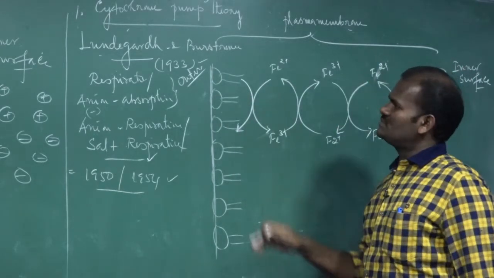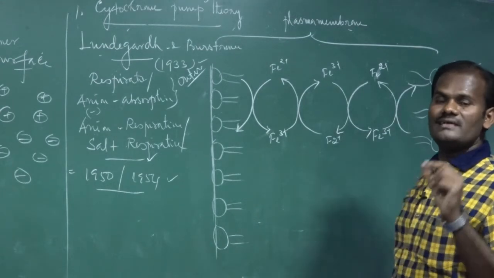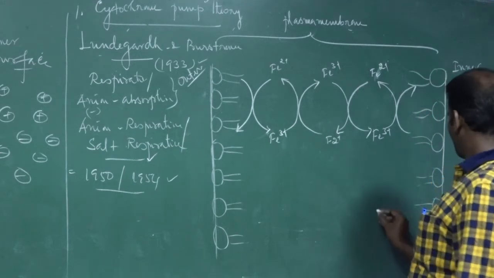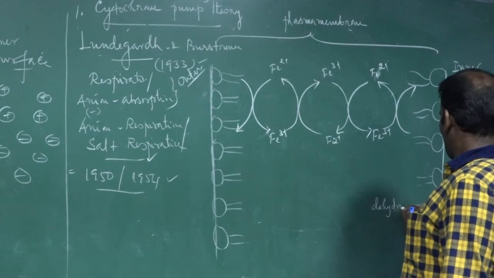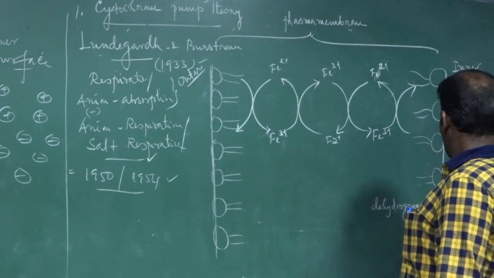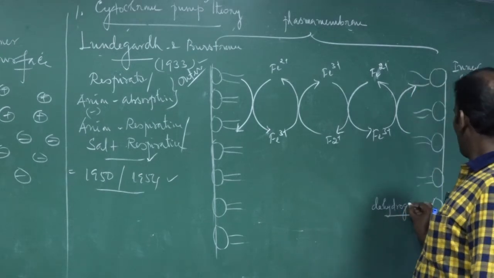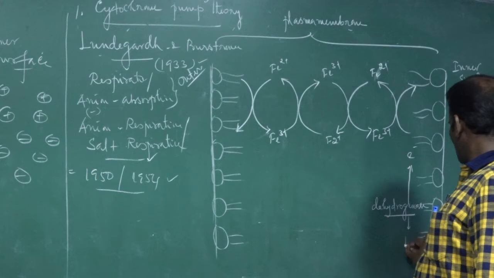According to the cytochrome pump theory, there is an enzyme called dehydrogenase, which is responsible for the formation of electrons and protons.